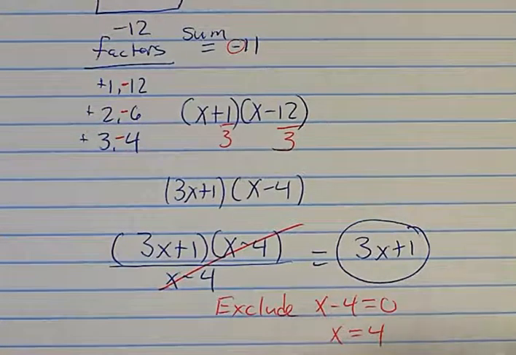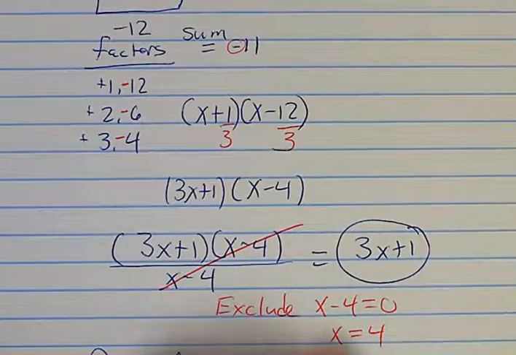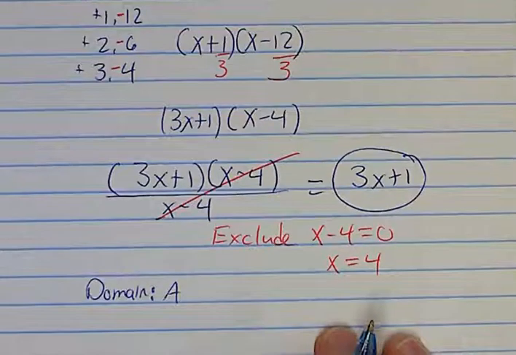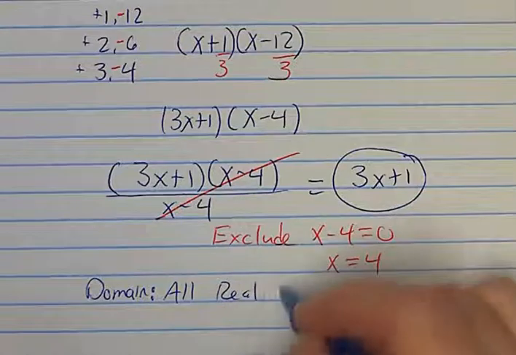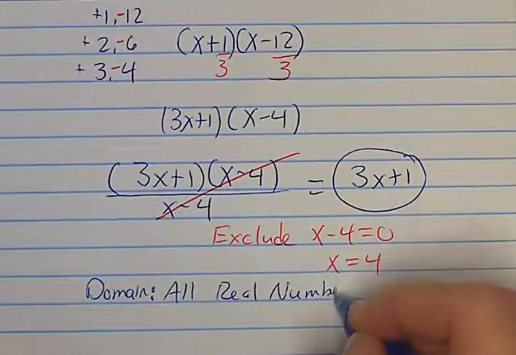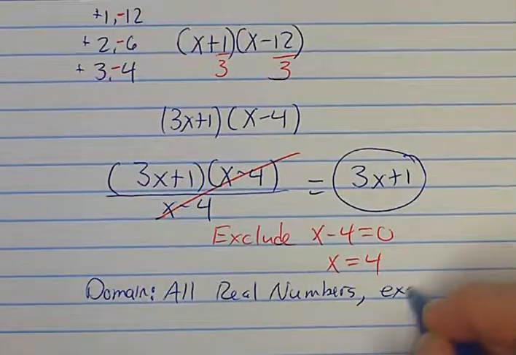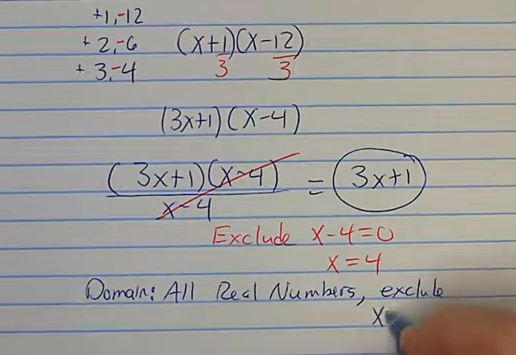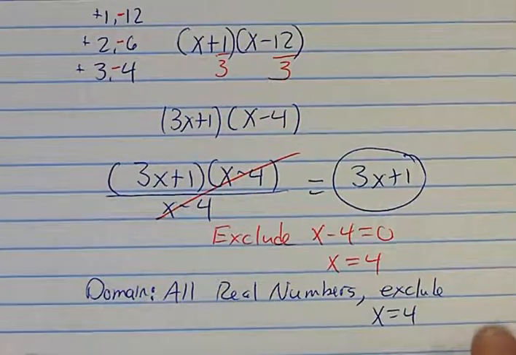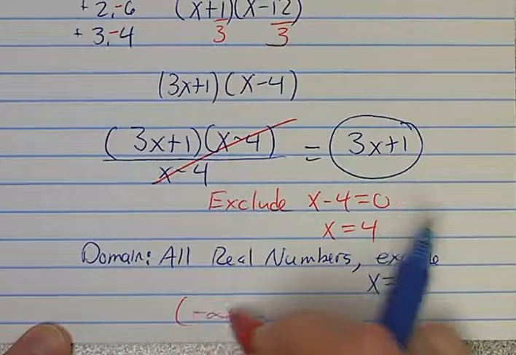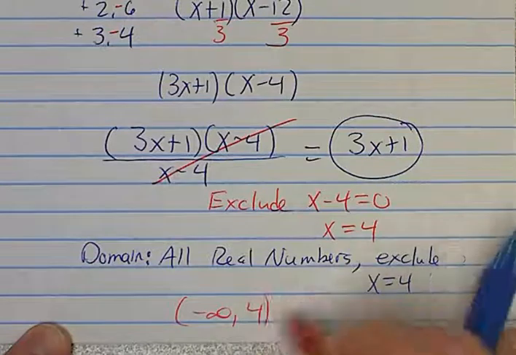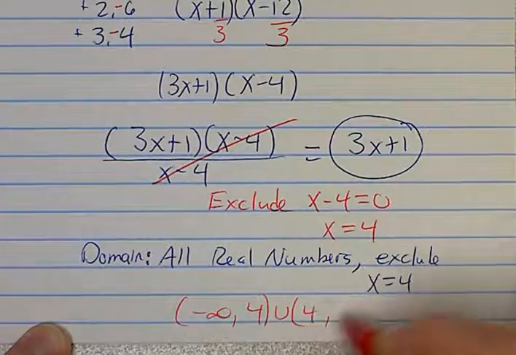So for this one, this would be all real numbers, but you're going to exclude x equals 4. And if they're going interval notation, that'd be negative infinity to 4, and then from 4 to infinity.